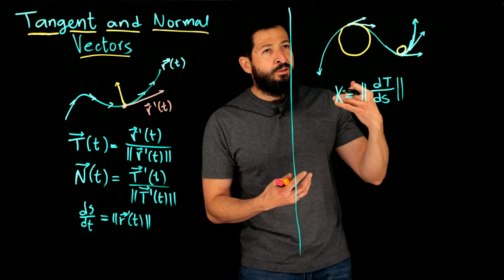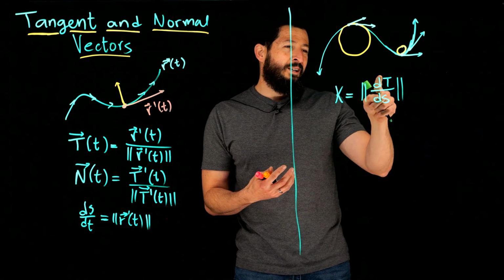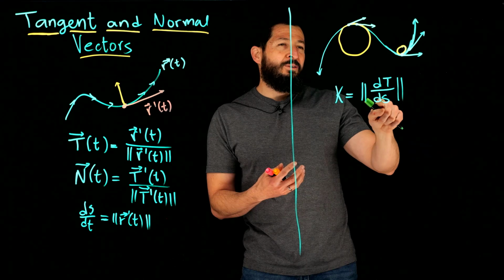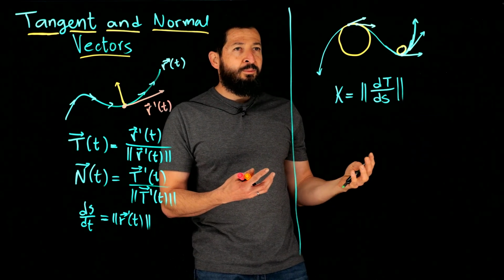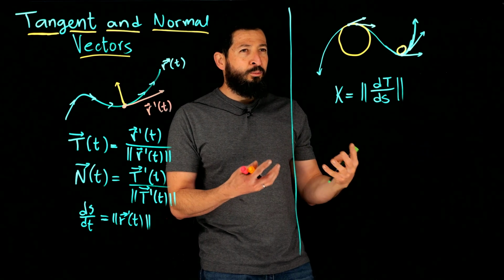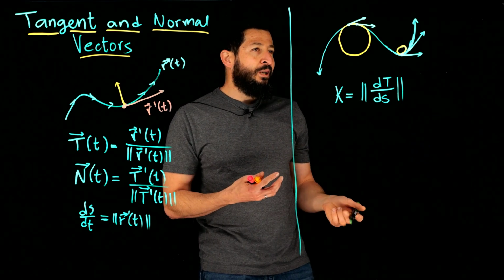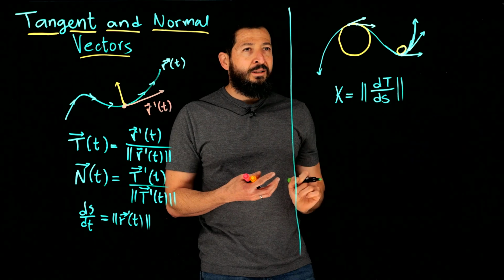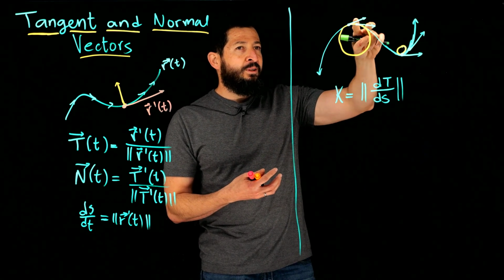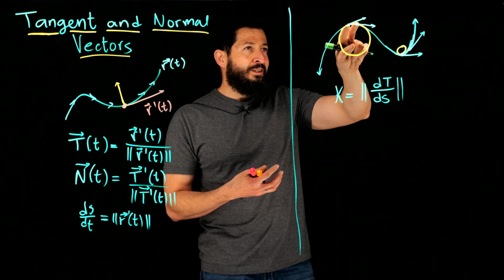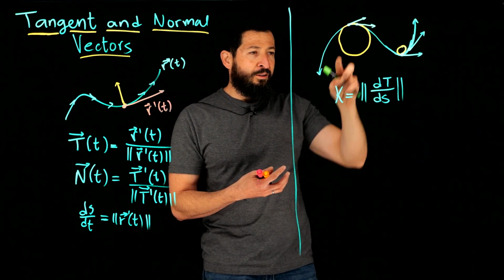Because if we were going to do it in 2 dimensions, we would likely say it's going to be dT over dx. But now you move to 3 dimensions, and what do you make it be with respect to x, y? What do you make it to be? So it's best to just do it with respect to the length of the curve. And that's going to tell you how the tangent vector is changing just while you walk over the curve.